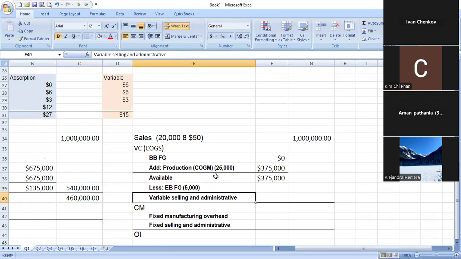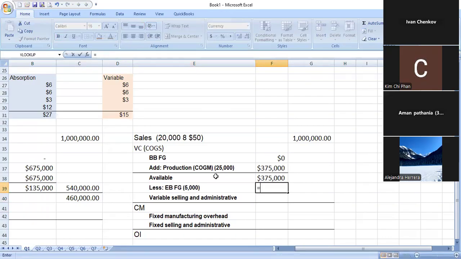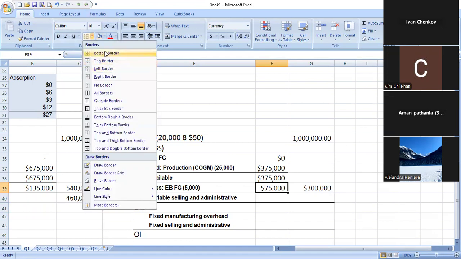Ending balance of the finished goods 5,000, so I have to deduct here. That will be equal to 5,000 times only $15. So my variable cost of goods sold here is this one minus that one. My cost of goods sold here are only $300,000.